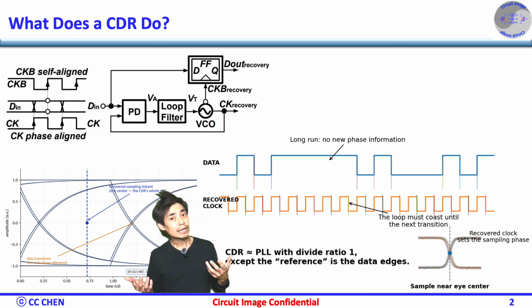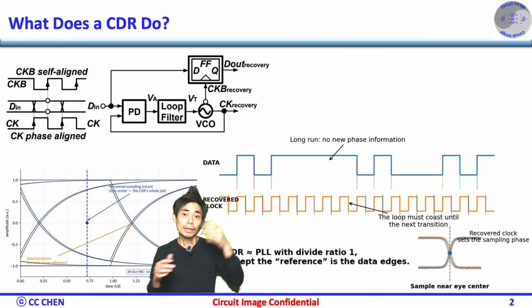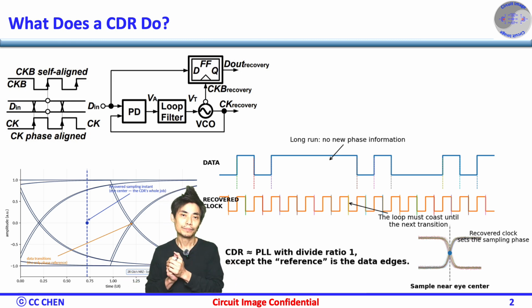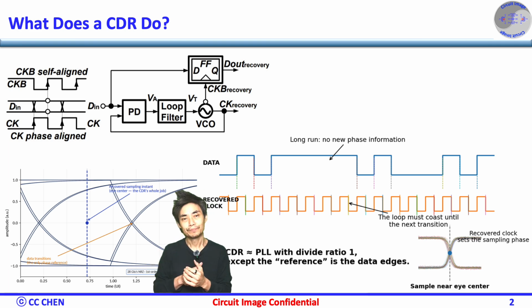If the data contains a long sequence of zeros or ones, there may be no transition for several unit intervals. During that time, the CDR receives no new phase information. The loop must continue running and maintain the correct sampling phase until another data transition appears.